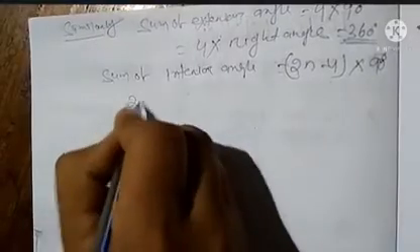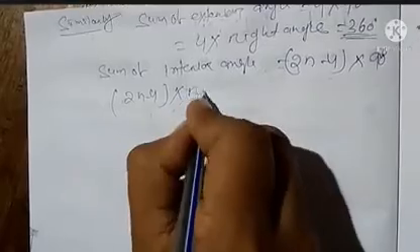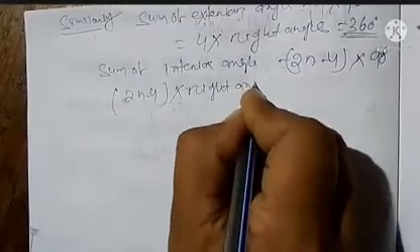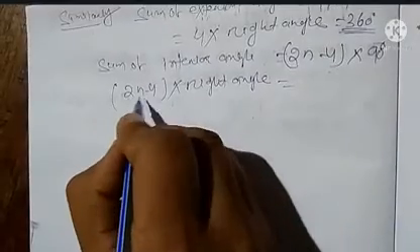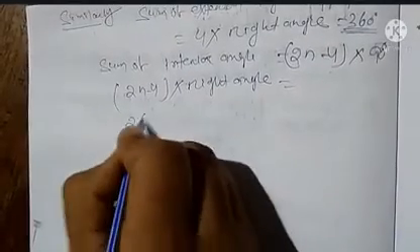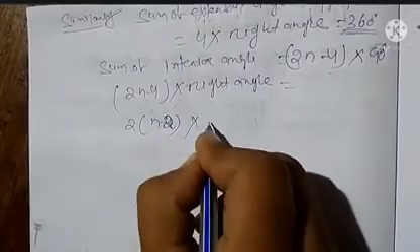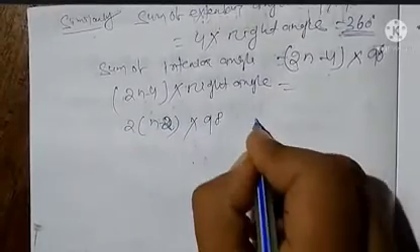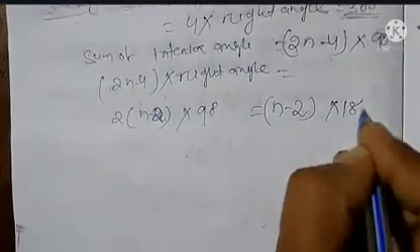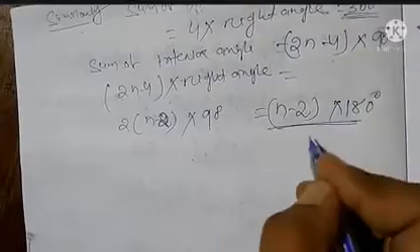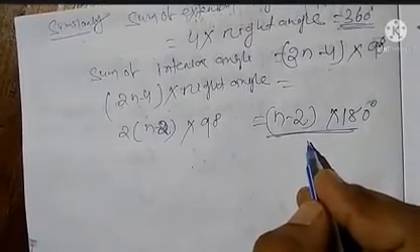Okay, so 2n minus 4 into 90 degree, 90 degree means right angle, is equal to, again we take common 2, that means 2 into n minus 2 into right angle, means 90 degree, is equal to n minus 2 into 180 degree. So this is the sum of interior angle.